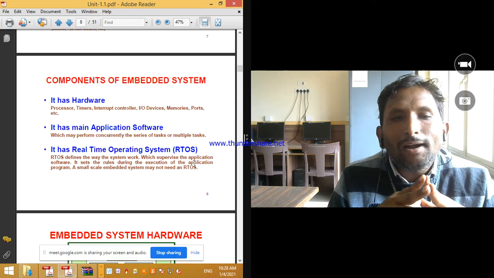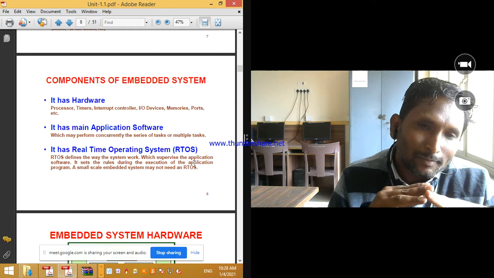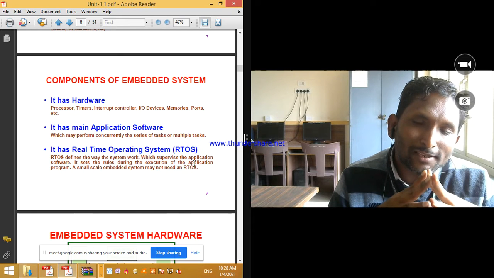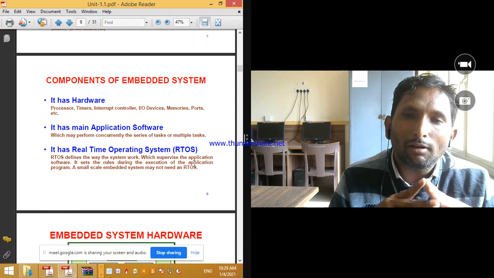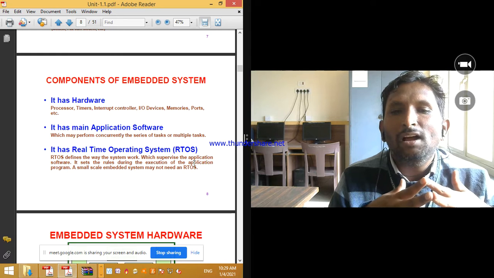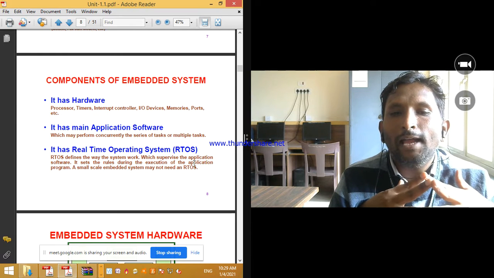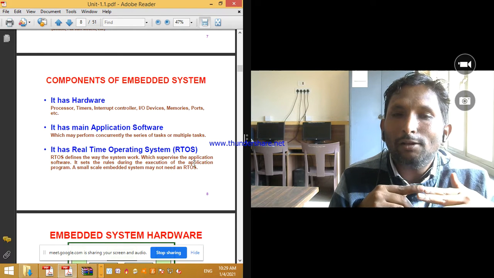Very important part. The embedded system is one part, and a real-time operating system to execute that embedded system is the second part. When we combine these two parts, it becomes an embedded and real-time operating system. We want an embedded system, but what kind of embedded system do we want?